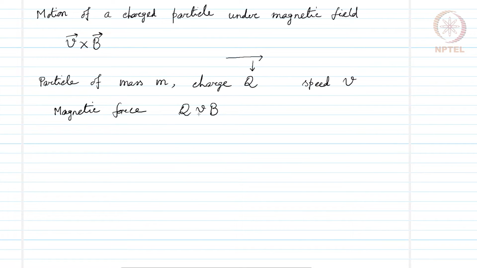And if we consider B to be a uniform magnetic field, then this arrangement would give, so the magnetic field will provide a centripetal force, and that way we will realize a cyclotron motion. So, the charged particle would move along a circle and it will keep on doing that.